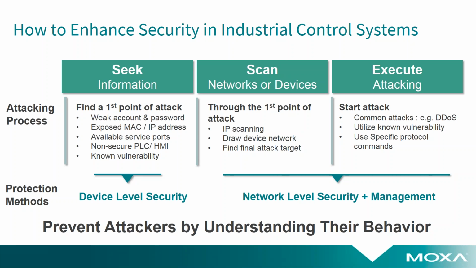So they're looking to increase their credentials within the system to gain access to more and more devices and more areas of the network. And then finally, once they've identified an attack target, they've gotten the credentials that they need to actually interact with that target, then they would start to commence the attack.